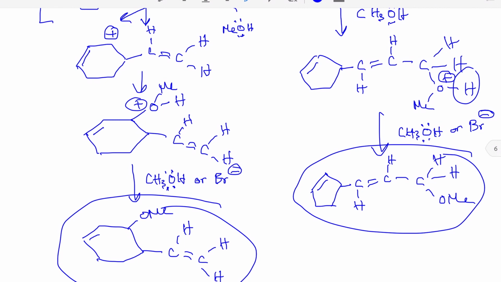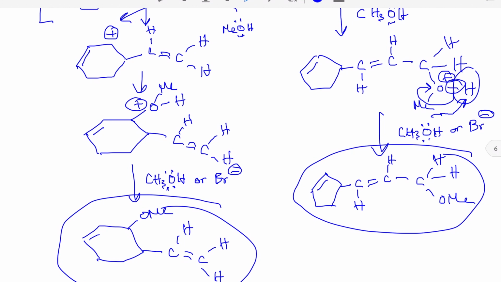Once we do that, for example, if we were dealing with methanol, if a methanol molecule came by next to this proton, it would take this proton, and this set of electrons would go to the oxygen now.